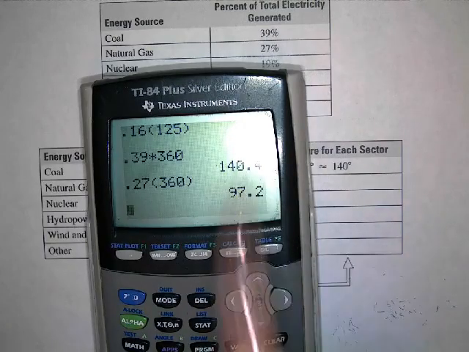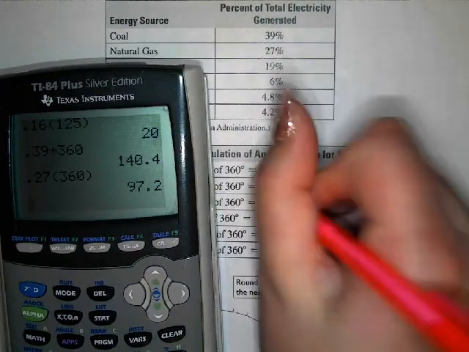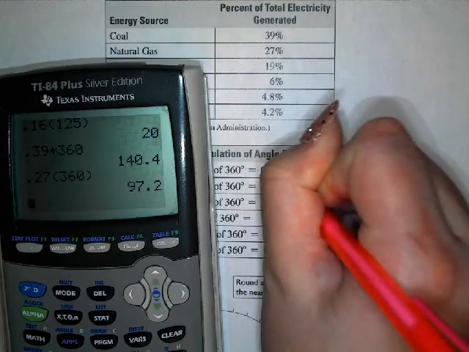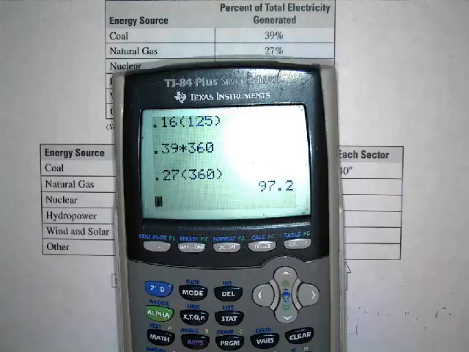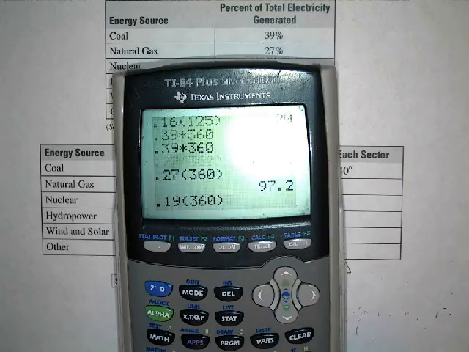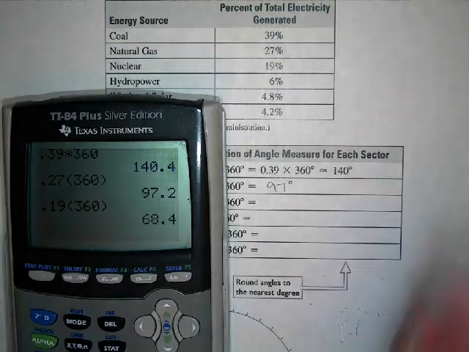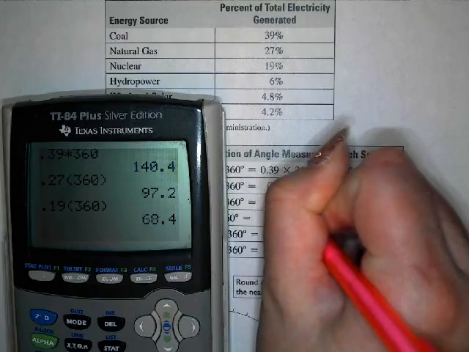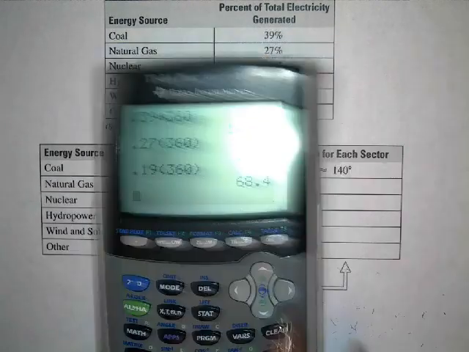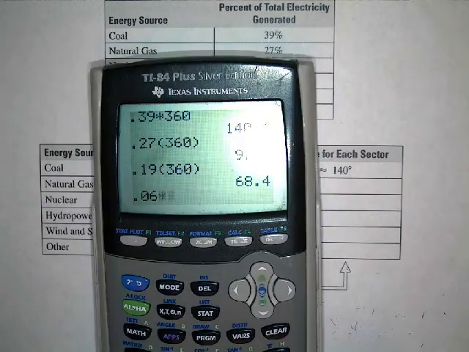19% of 360 is 68 degrees, is what I'm going to draw. 6%, 0.06 of 360 is 21.6, so I'm going to draw 22. Sorry, I keep saying percent. I mean degrees.